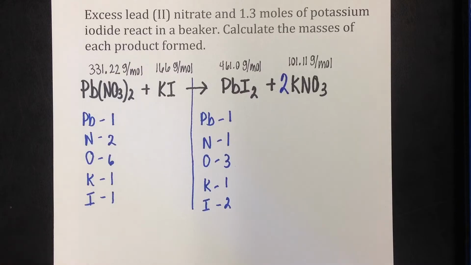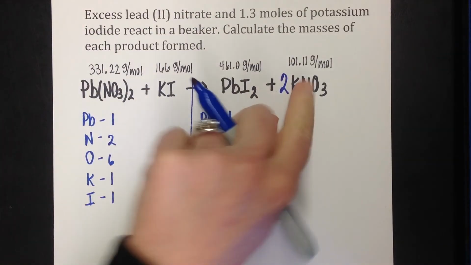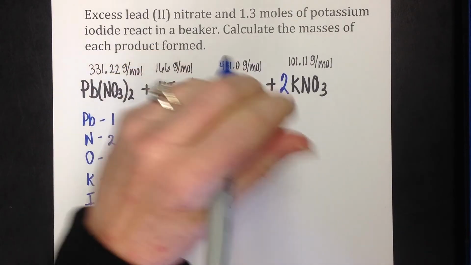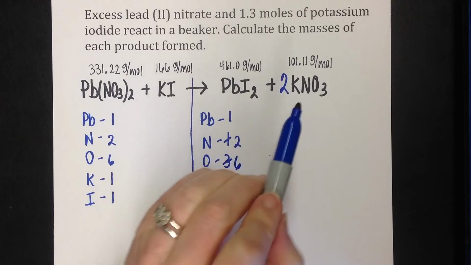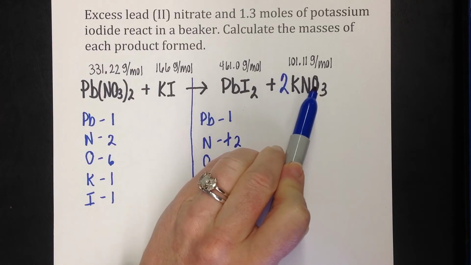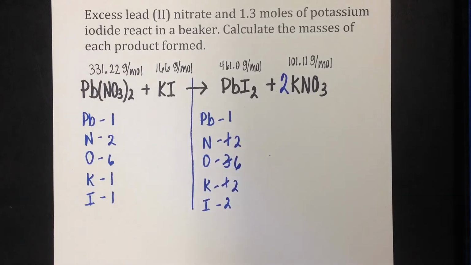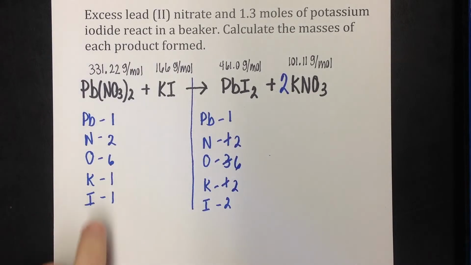But I think a 2 looks pretty good. 2 times 1 is 2 potassiums, 2 times 1 is 2 nitrogens, and 2 times 3 is 6 oxygens. Notice this is a little review for you, but when you put a coefficient in front, you have to change every single atom in that formula that follows, and I usually just work through methodically from left to right.